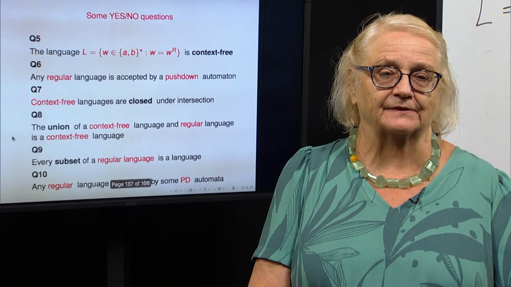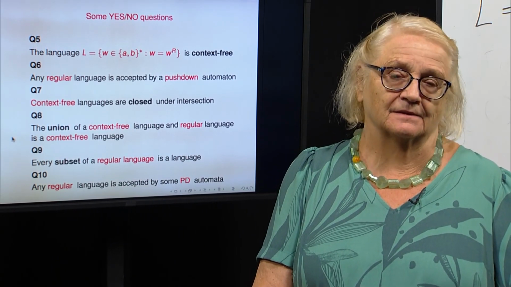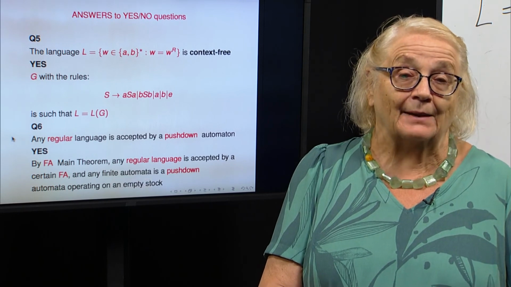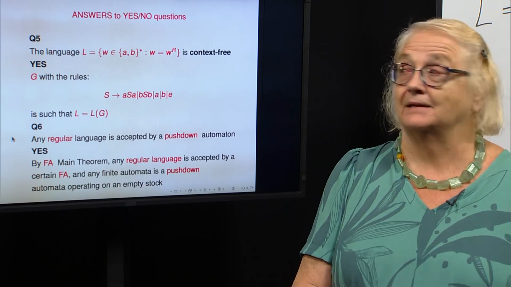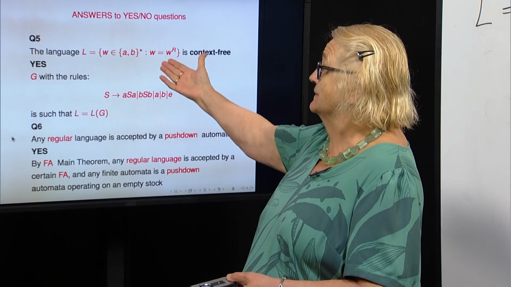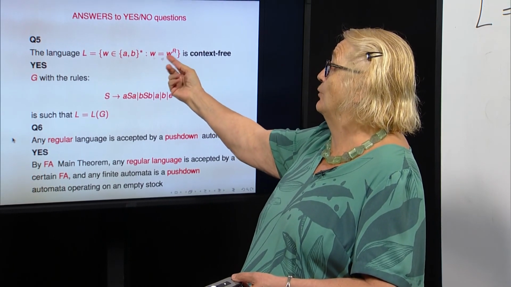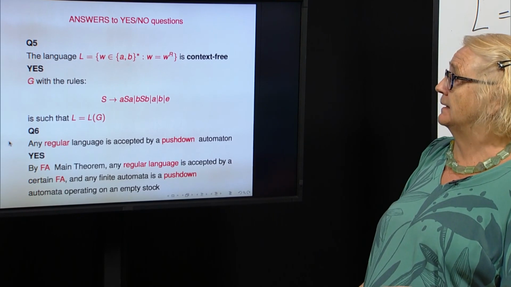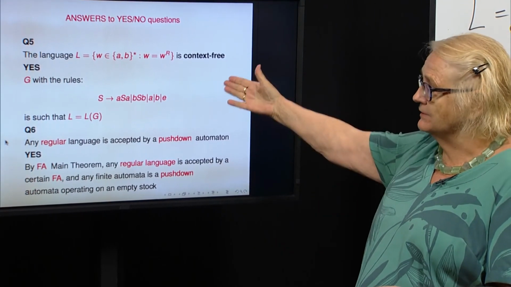So there are a lot of nice, simple questions. Some of them are like constructing a grammar. The language W equals W reverse is context-free because you can construct a grammar. Here's a grammar.